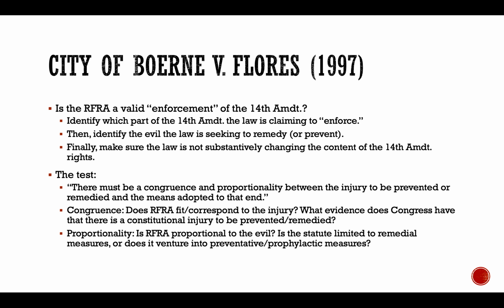Do you see it with respect to building permits? Do you see it with respect to unemployment benefits? And then the remedy, how is the remedy specifically tailored to that sort of injury? And instead, Kennedy sees just a blanket law that covers every possible state action and applies anytime someone asserts a substantial burden.